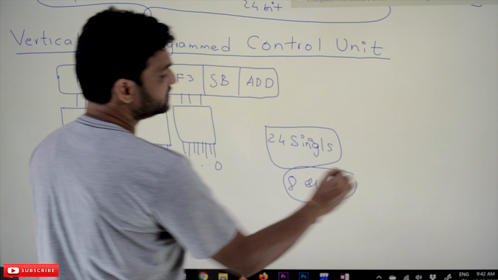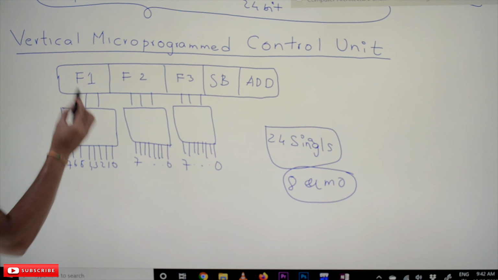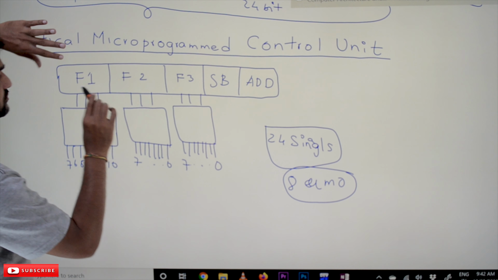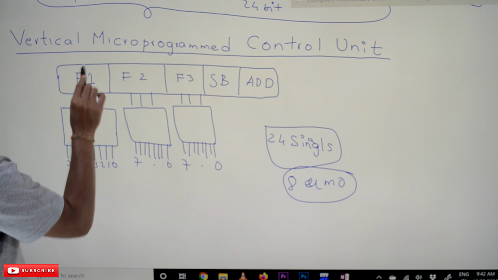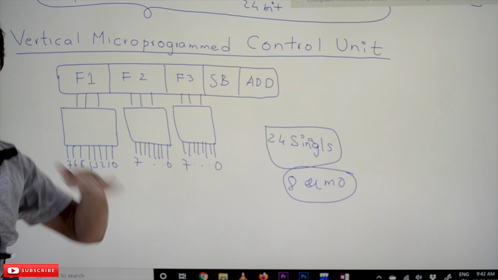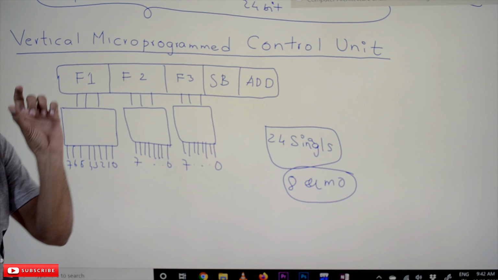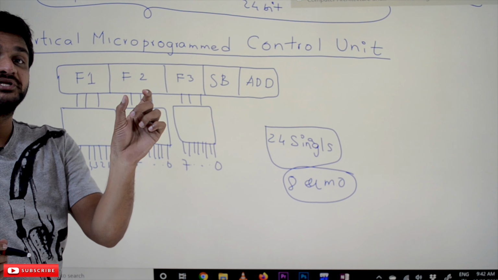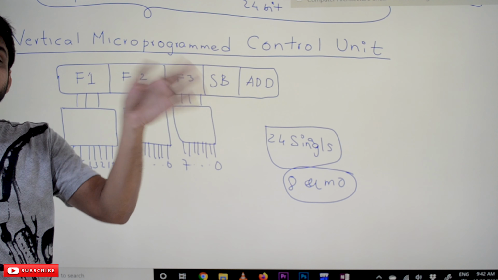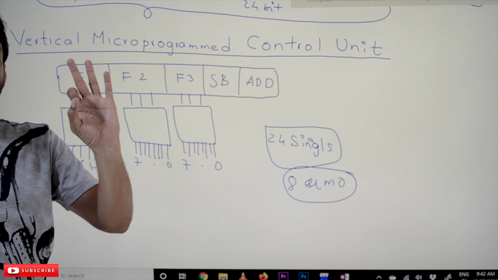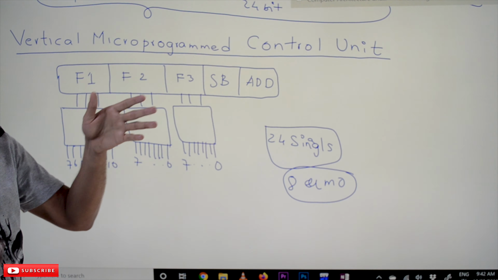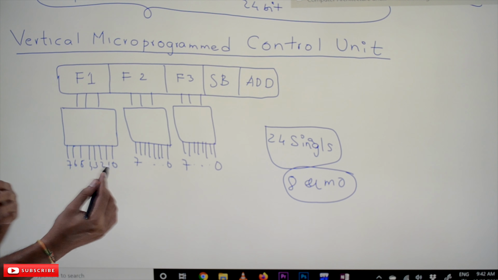If you have 8 different combinations, how do you represent those 8 numbers? It is represented by using 3 bits. So 3 bits can be used to represent 8 different combinations.